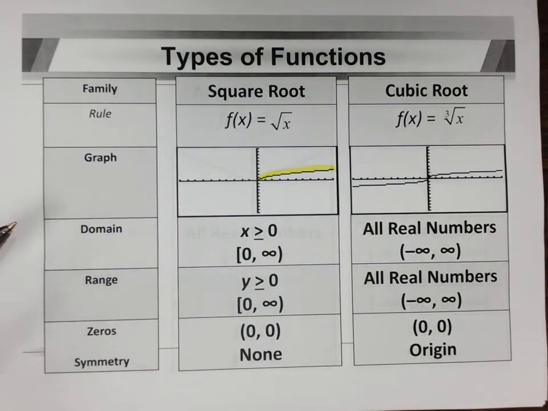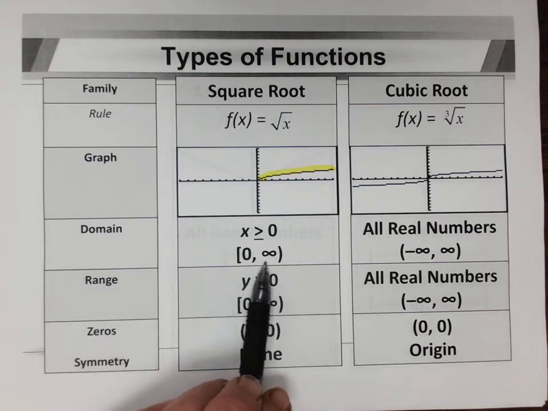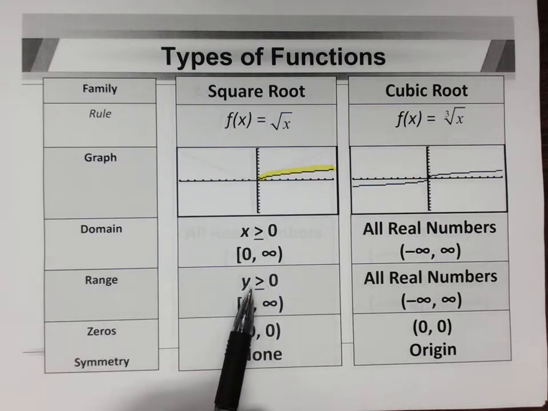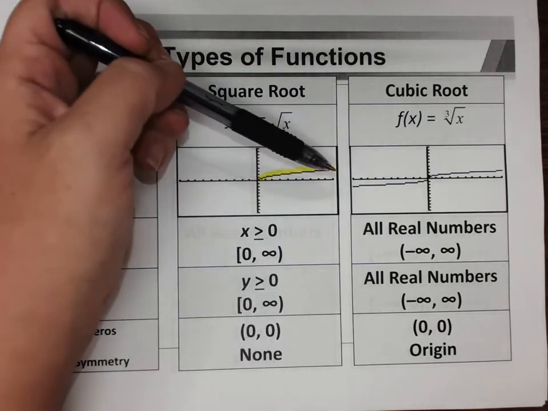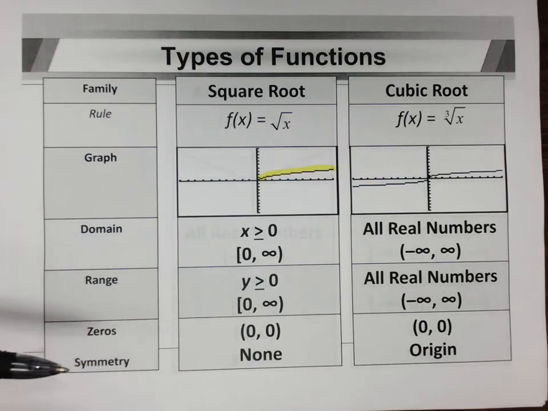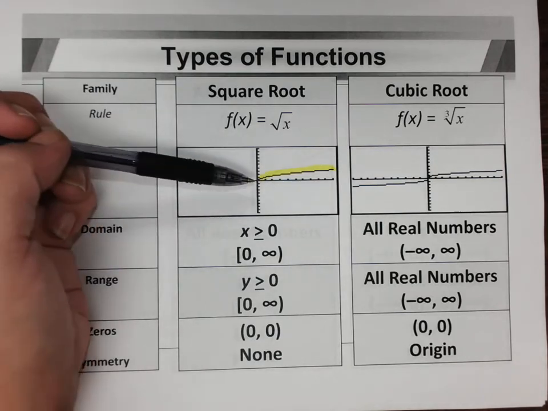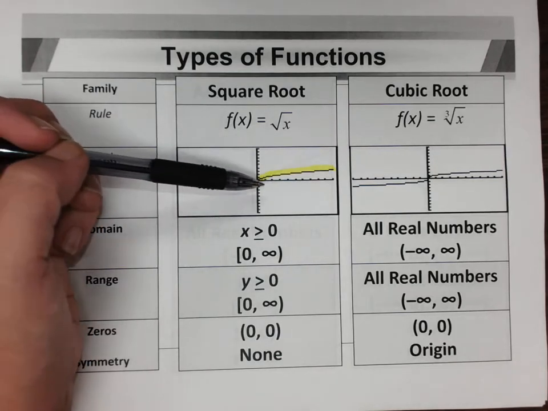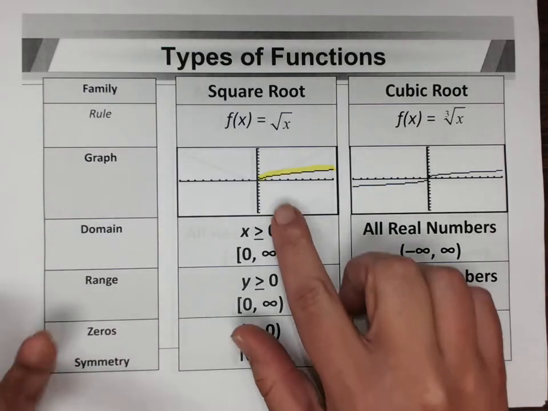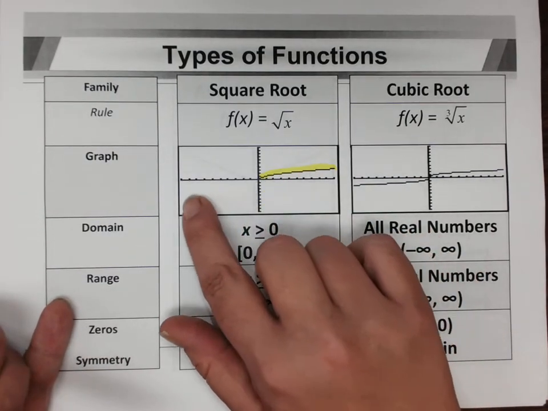Otherwise, we end up getting into imaginary numbers, which we will look at later in a lot of detail. Here's the interval notation for that domain. The range here is also that y is greater than or equal to 0, because this will infinitely rise as we go out this side. Its 0 is at 0, 0, but it has no symmetry because this is only defined in one quadrant. We do not have a piece here.